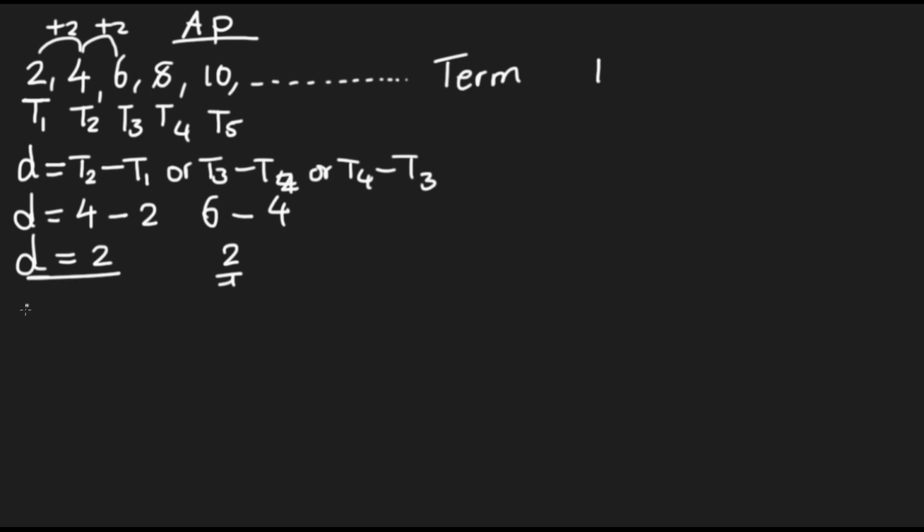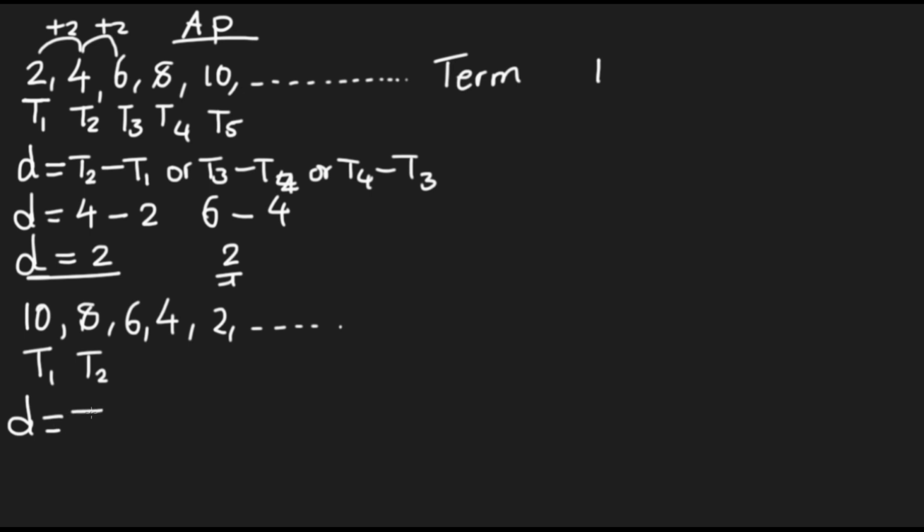Now, what if the sequence is reversed? What will be the sign of our common difference? Whenever you have a decreasing sequence, the common difference must be negative, because this is our term number 1, this is our term number 2. And if you are to find the common difference, we use this formula.